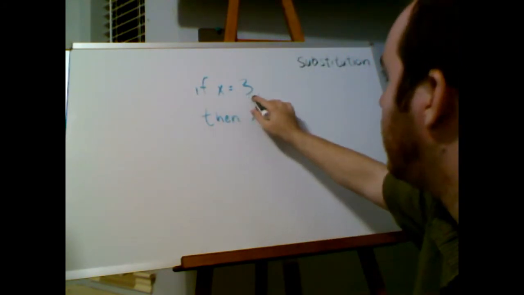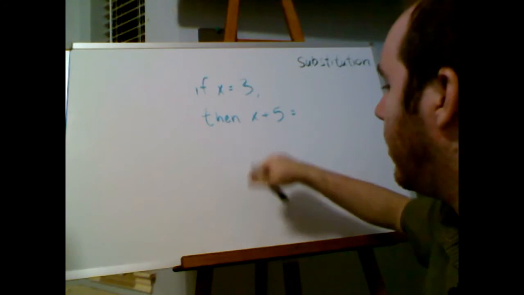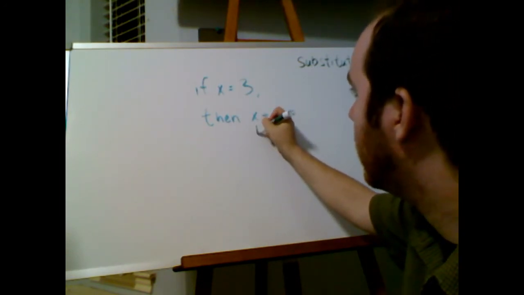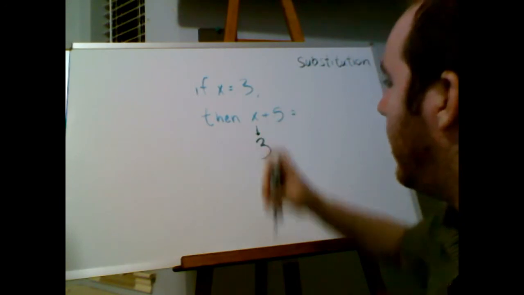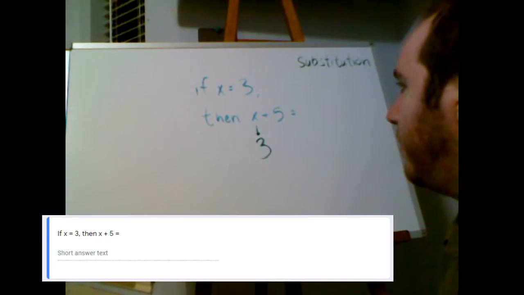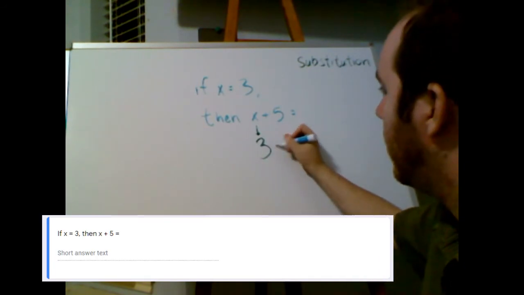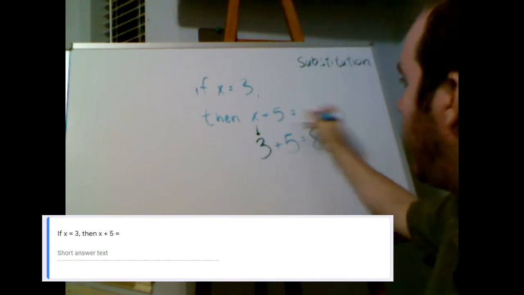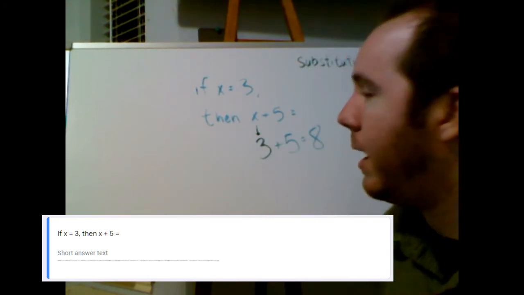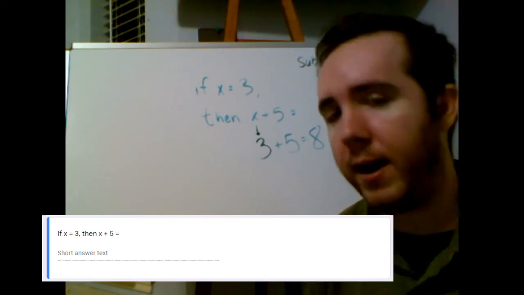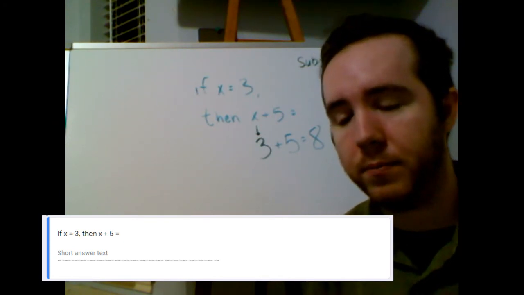So if x equals 3, then here I can substitute 3 in for x. And then the rest of the problem, plus 5 equals 8. And so if x equals 3, then x plus 5 must equal 8.